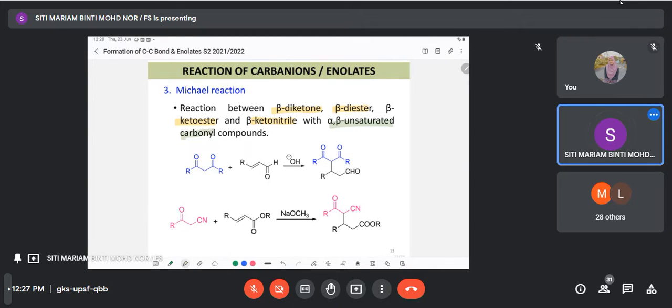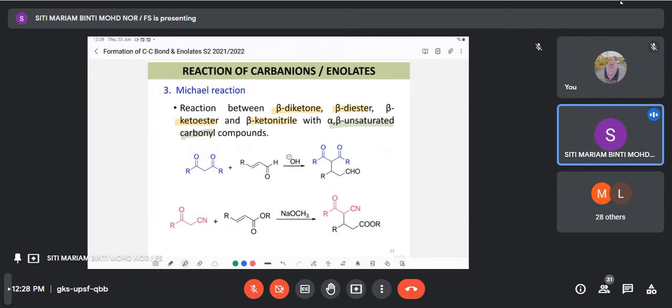So this is totally two different things. Let's say you have a diketone, you react it with an alpha beta unsaturated carbonyl compound. Totally different two compounds for the reaction.